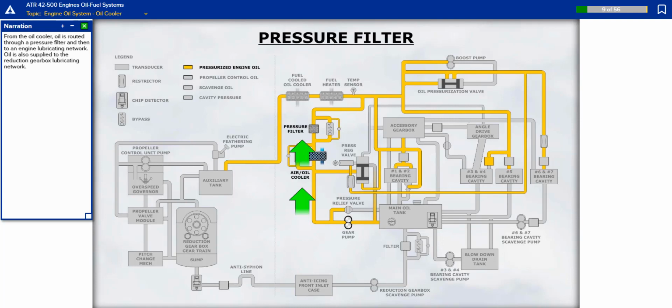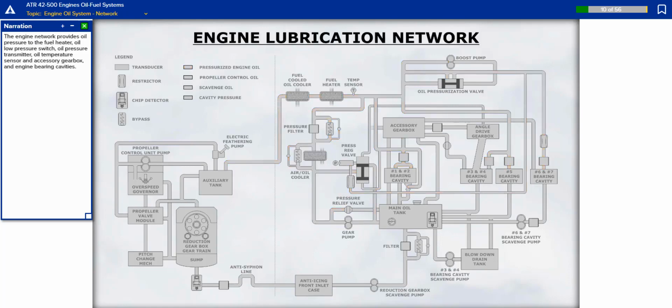Oil is also supplied to the reduction gearbox lubricating network. The engine network provides oil pressure to the fuel heater, oil low pressure switch, oil pressure transmitter, oil temperature sensor, accessory gearbox, and engine bearing cavities.